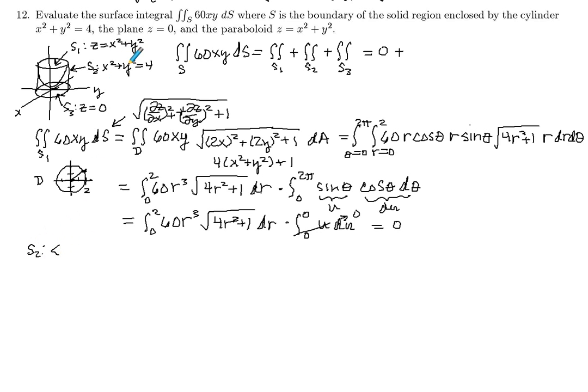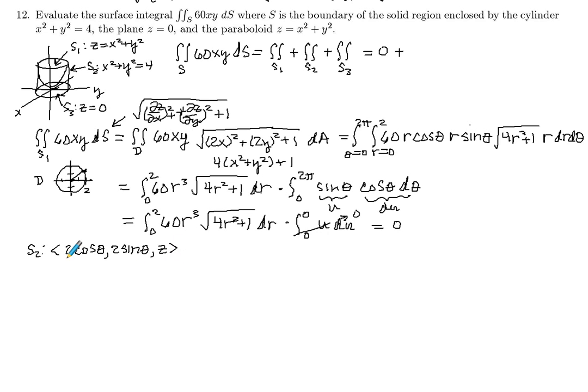Our x and y coordinates are going to depend on theta here. So let's do 2 cosine theta for our x, and then 2 sine theta is our y, and then our z just varies.